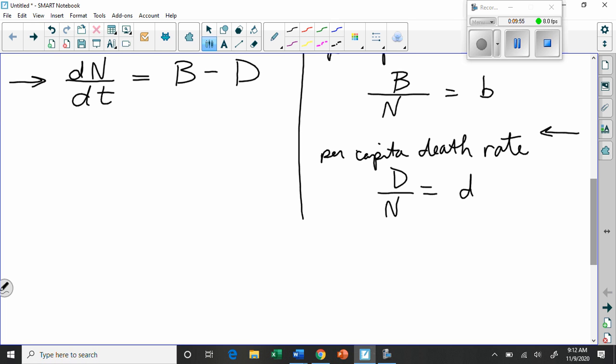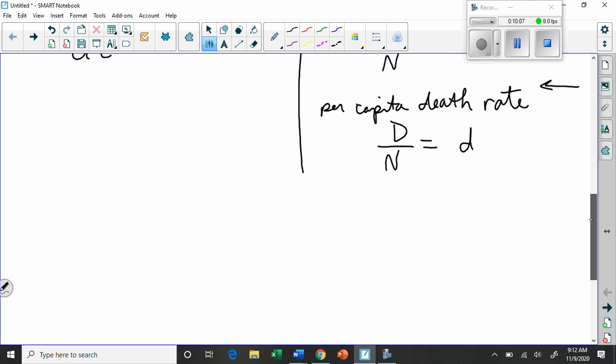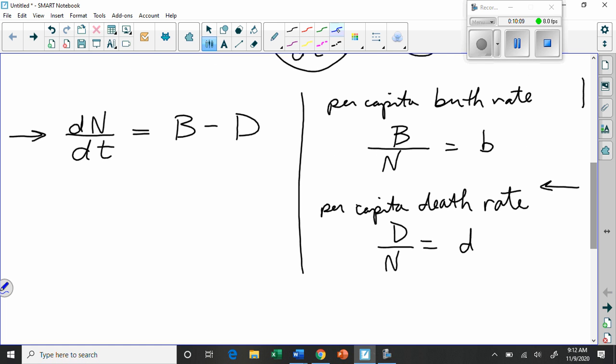They mishmash them together. So, from your math, you know that we can take these two equations over here and rewrite them. Maybe I can just do it right here. I'll do it in a different color so it stands out. This equation can be isolated for capital B, right? If I multiply n to the other side of the equation, I get capital B equals little b times big N. Does that make sense?